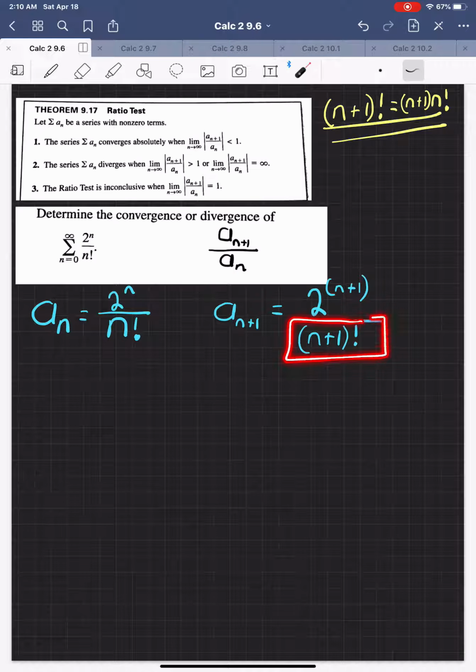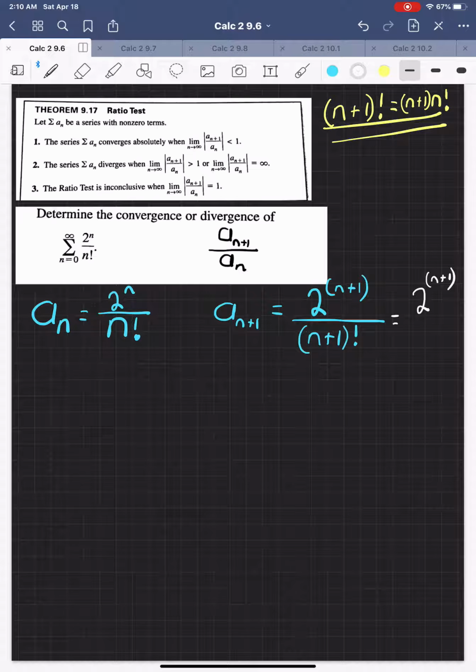This denominator, you want to rewrite as n plus 1 times n factorial. So let's do that right now. It's going to be 2 to the power of n plus 1 over n plus 1 times n factorial.